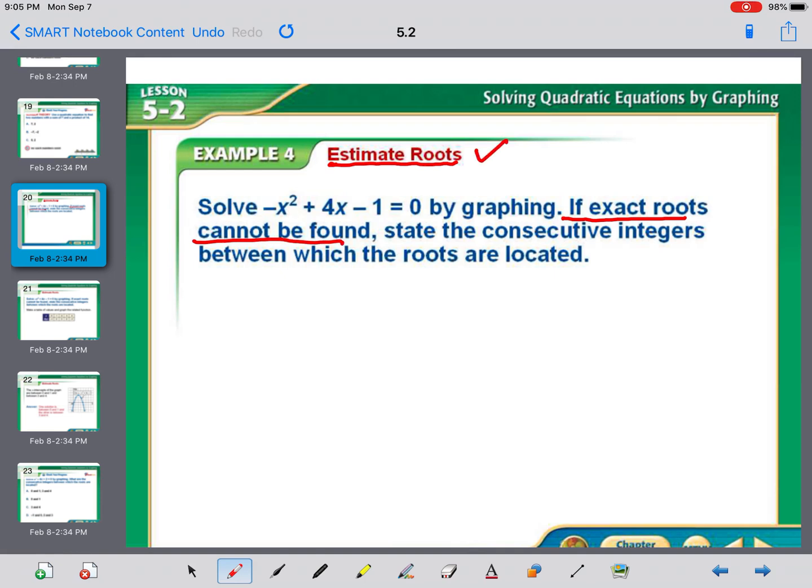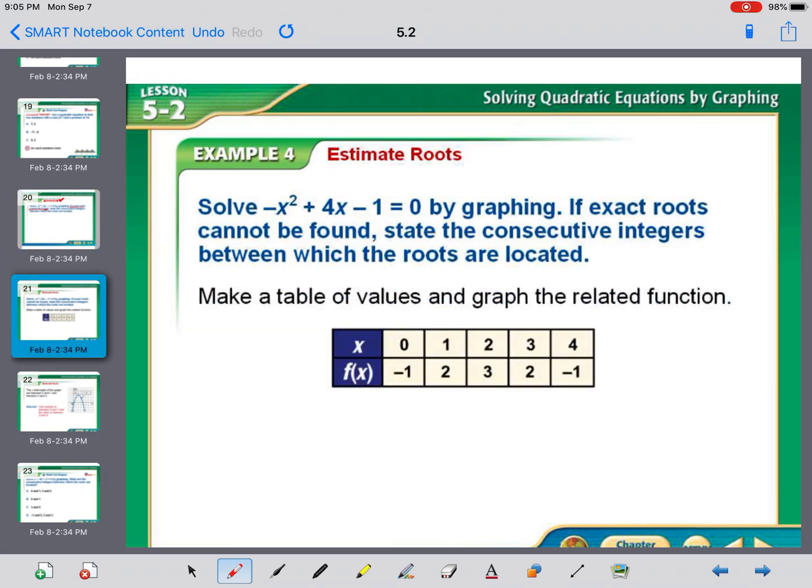Not everything can be done exact by graphing. In fact, it says here, if exact roots cannot be found. So we know they can't because they've already kind of given it away up here. But in a normal situation, we don't know till we know. And so I'm going to borrow their table for us to look at this.